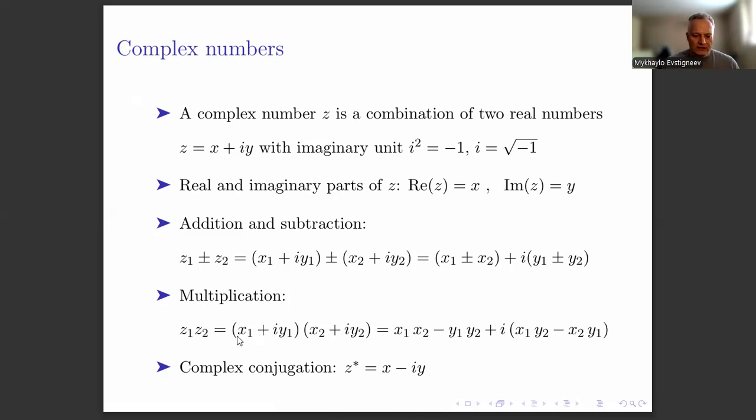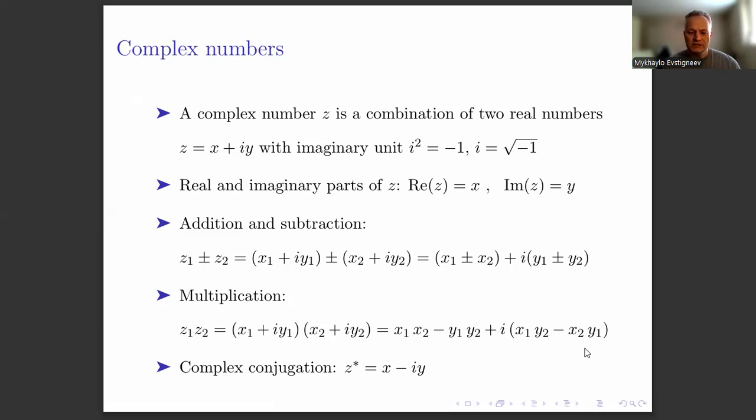So what you get is x1 x2 plus i y1 times i y2, but i times i is -1, so you have minus y1 y2. And that's your real part, x1 x2 minus y1 y2. And the imaginary part, i y1 times x2, plus i y2 times x1. That's the imaginary part here.